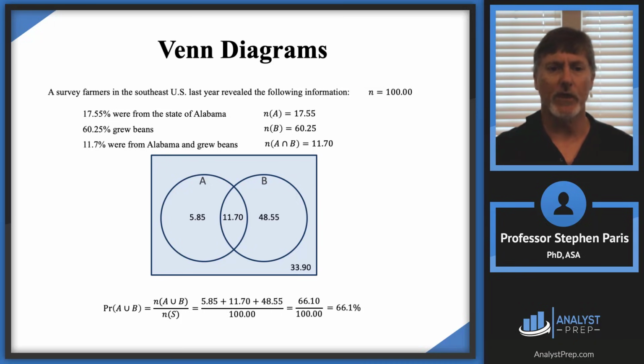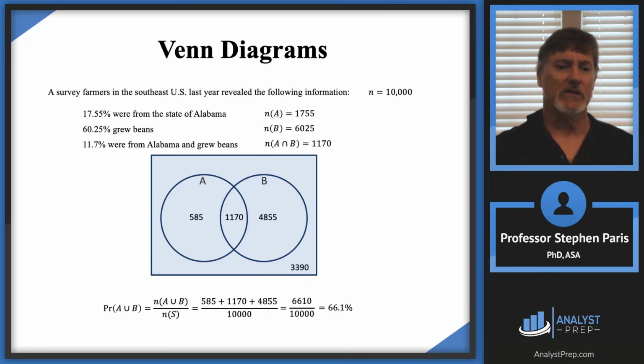If I started with 100, then the number of outcomes in event A would be 17.55, number of outcomes in event B 60.25, and so forth, and it just moves the decimal places. But look at the ratio. When I look at probabilities, it's not going to affect the outcome. I'm still going to get the 66.1%. So instead of having 6,610 divided by 10,000 as my ratio, I'm going to have 66.1 divided by 100 as the ratio.